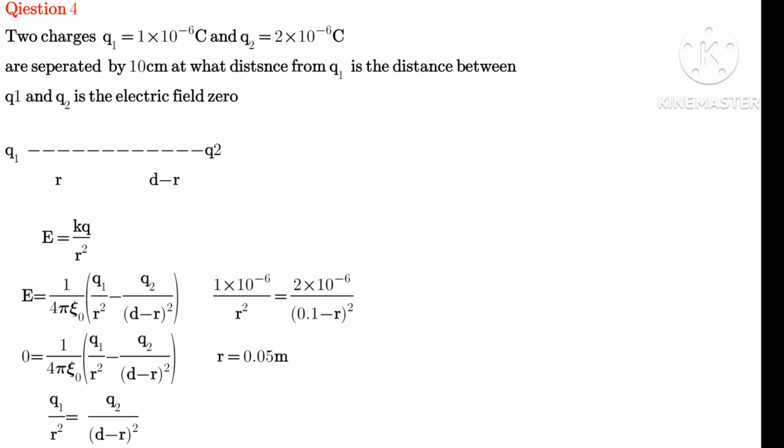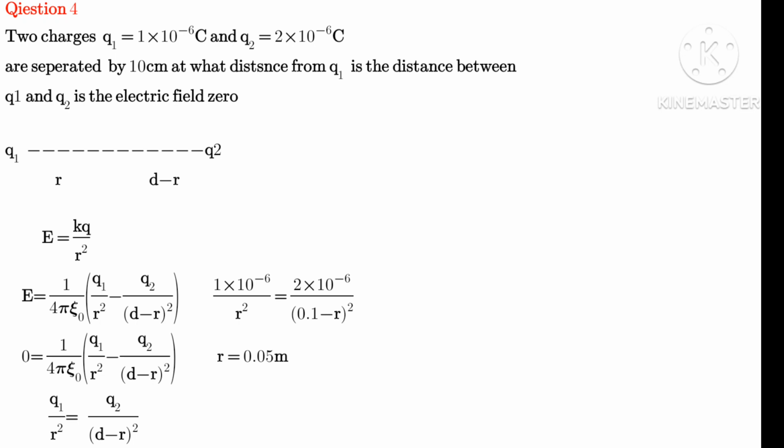So that's why we have D minus R and R. The distance of Q1 is R, the distance of Q2 is D minus R. But don't forget that they gave us the total distance, which is 10 centimeter. So in this case we use the electric field formula for the two different distances: E equals KQ over R squared.